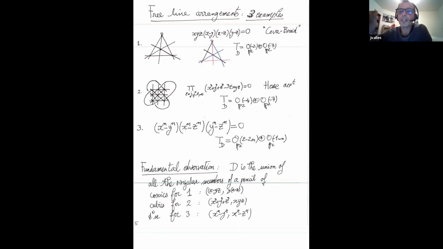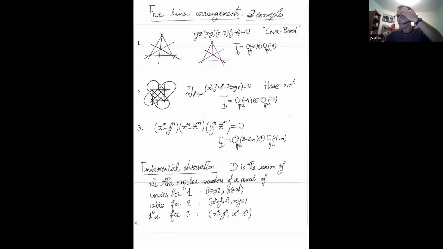In this pencil, there are exactly 4 singular curves, and they are 4 triangles. One is x, y, zeta equal to 0, and the other ones are written in the equation. Again, if you take the union of these 4 triangles, then the divisor obtained by this union is free. And the last example is the same.